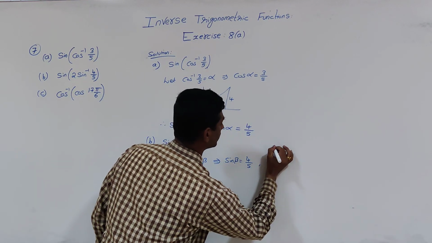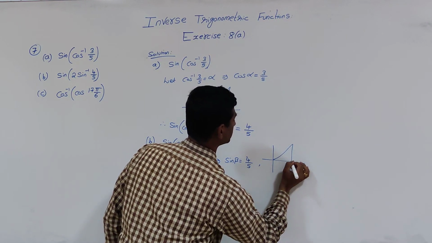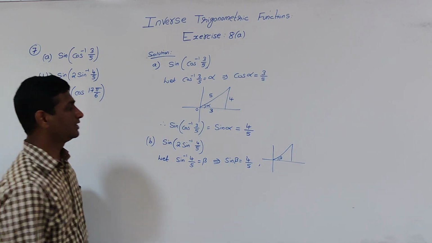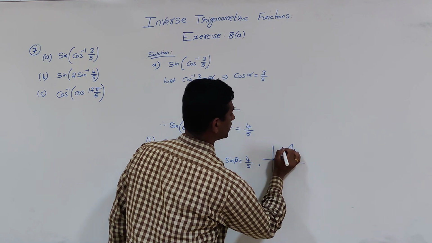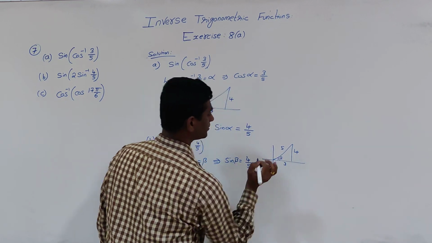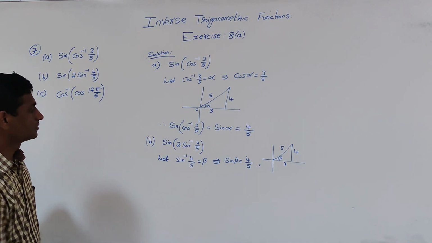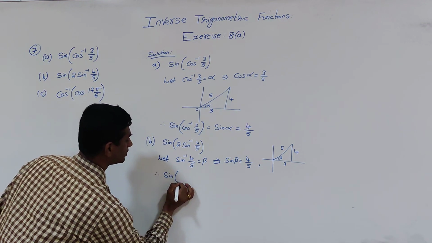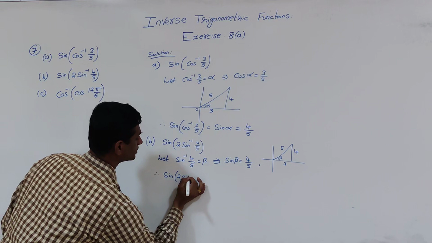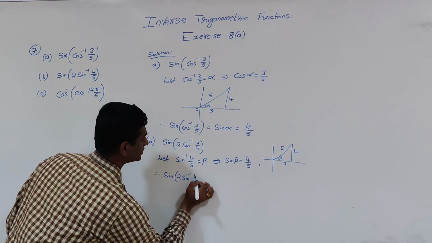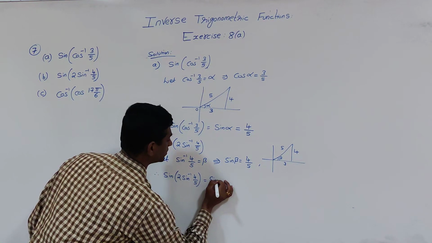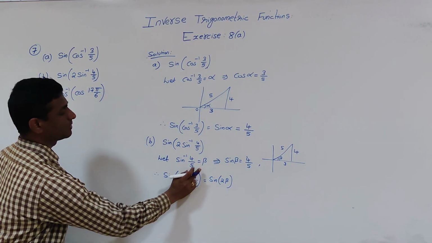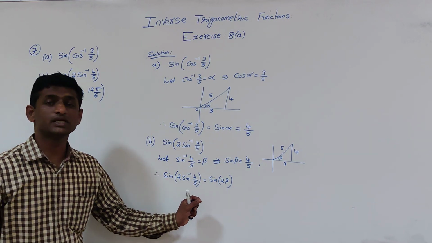So go for a right angle triangle for beta. Sin beta is 4 by 5, means opposite side is 4, hypotenuse is 5, and the adjacent side becomes 3. Now sin of 2 sin inverse 4 by 5 is sin of 2 beta.